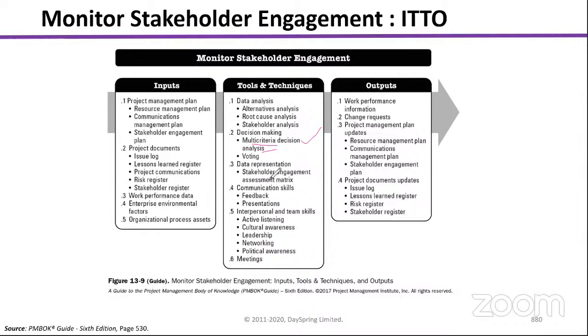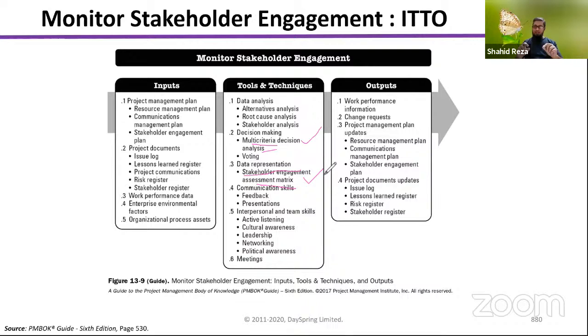Then number 3, stakeholder engagement assessment matrix. Can you remember when we are doing planning, we have used this tool, right? We have used this tool. So again, when you are doing manage execution, then after managing execution, we will again assess with that table whether the stakeholder that was actually in the unaware level, whether he has actually moved to the desired level or not.